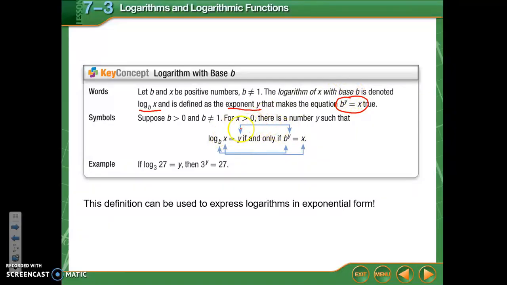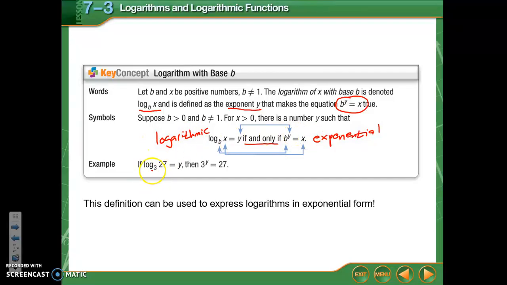And this is the relationship. This side of the equation is called exponential form, and this side of the equation is called logarithmic form. So they're going to ask us to go back and forth. So log base b of x equals y if and only if b to the y equals x.